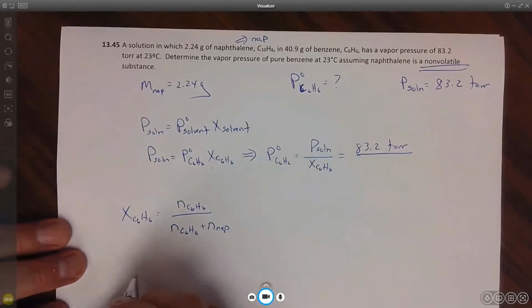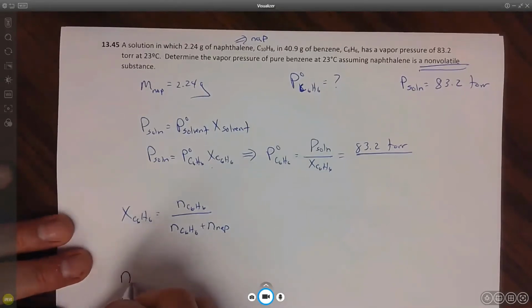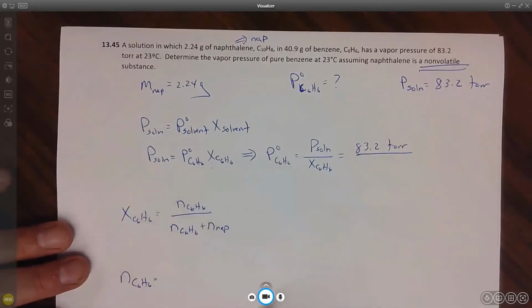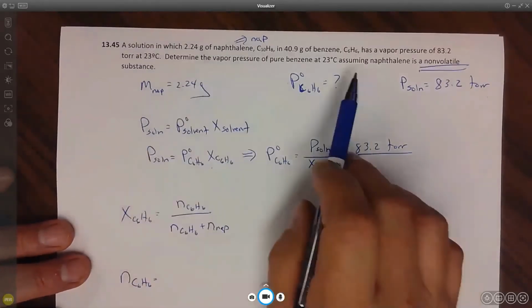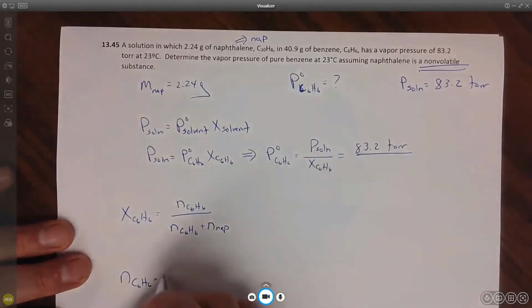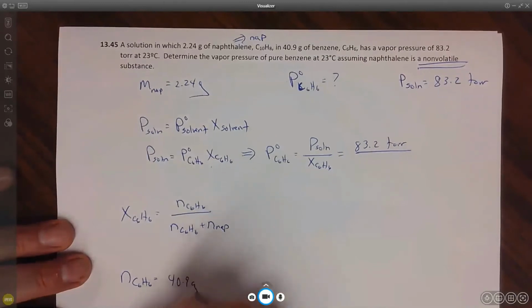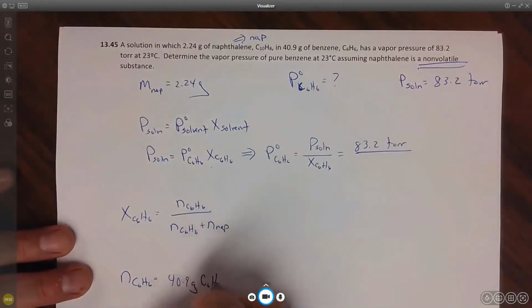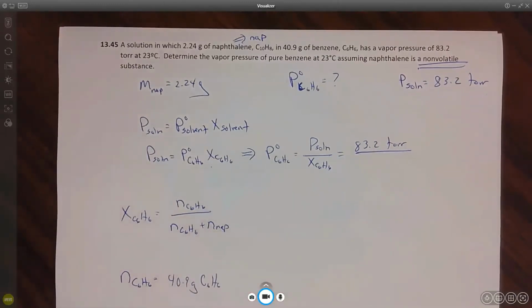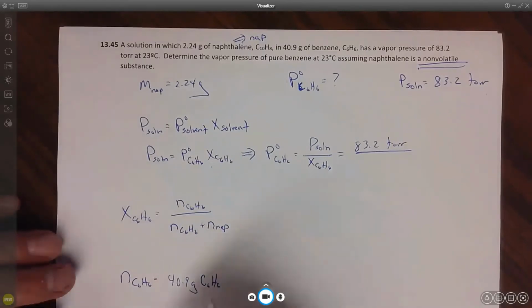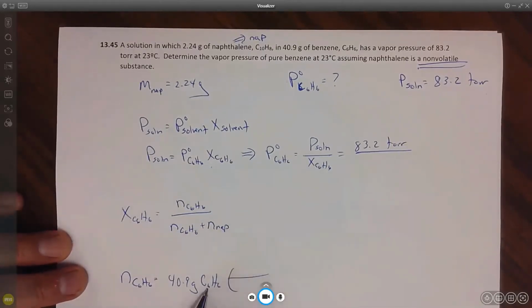So now I've got to get the moles of each. For the moles of benzene, they gave us the mass of benzene, 40.9 grams. To get the moles, I'm just going to divide by the molar mass. Again, there's 6 carbon at 12.0107 grams per mole, plus 6 times the 1.00794 grams per mole for the hydrogen.